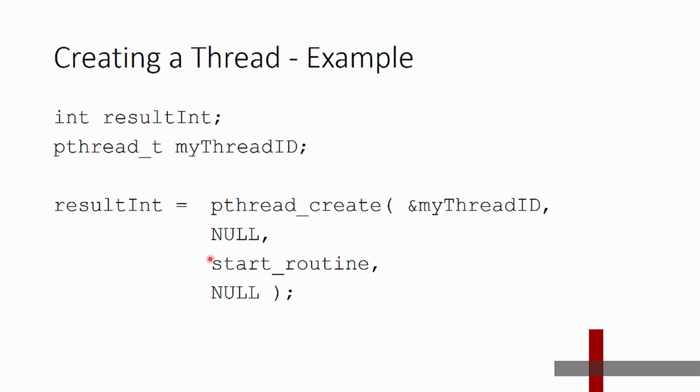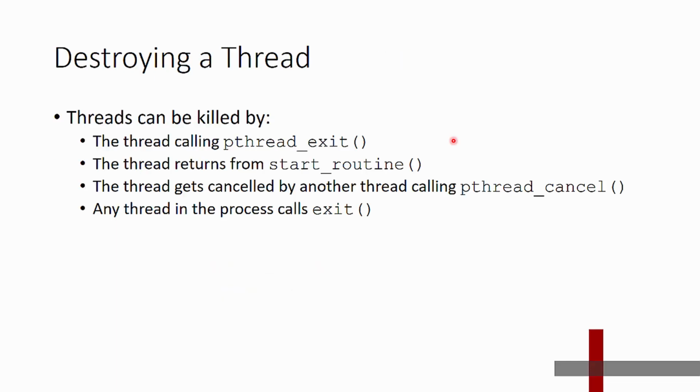In this case, I used a function called start_routine. And note that you don't have to put the parentheses there. That's an interesting part of function pointers. We'll talk more about function pointers later, but essentially you can pass around the name of a function and use that in some interesting ways. And one of those is in the pthread_create function. This will create the thread.